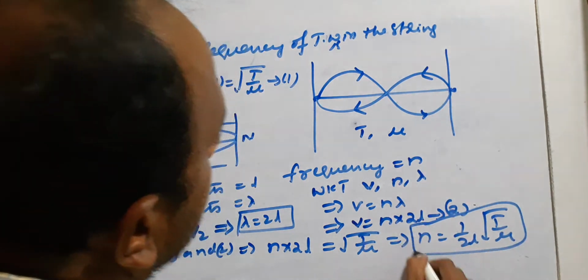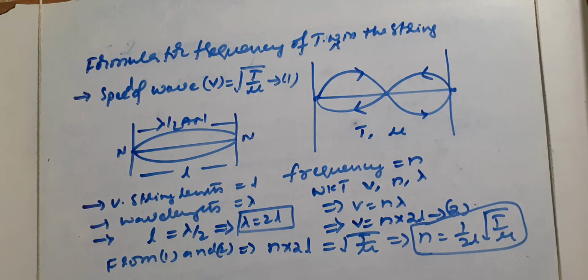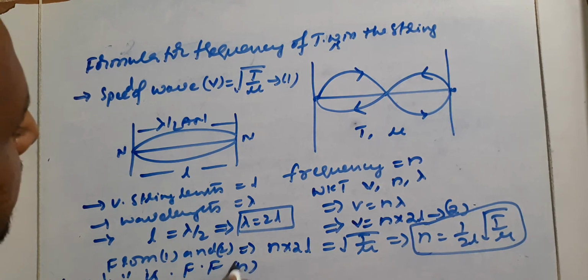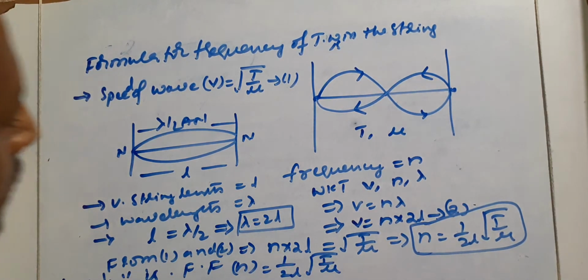So this is the frequency of the transverse waves produced in the string, which is also called the fundamental frequency. Because the string is vibrating with one loop, that is the lowest frequency. So here N is called the fundamental frequency, which is given as 1 by 2L square root of T by mu.